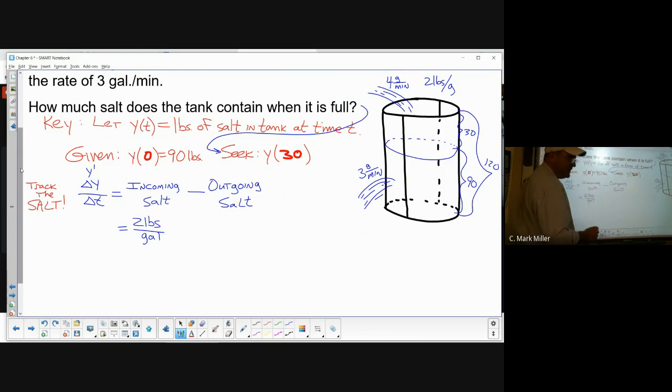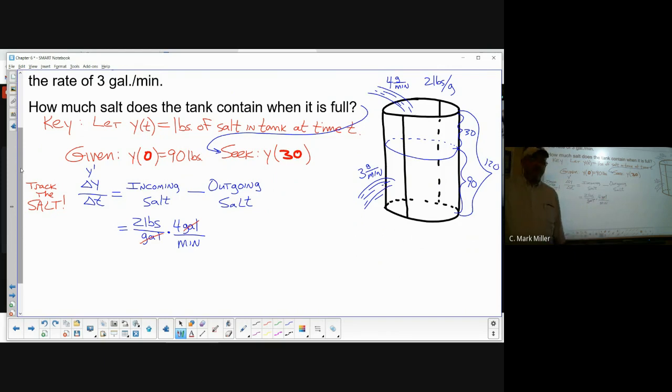That's the concentration of the salt in the incoming brine, times 4 gallons per minute. So this is how much salt per gallon, and that's how many gallons per minute. Notice those cancel, and so the incoming salt is 8 pounds per minute.